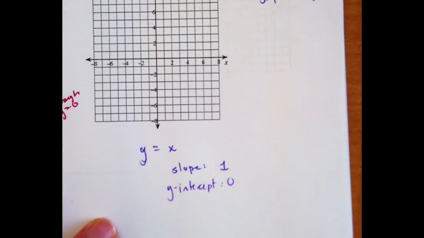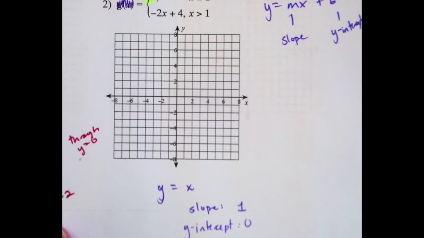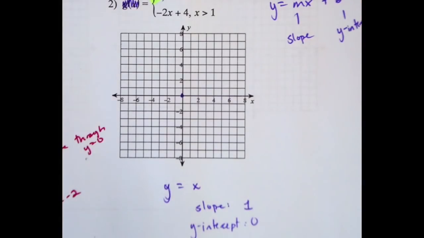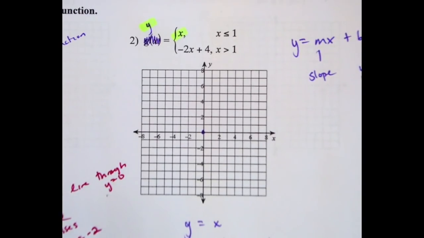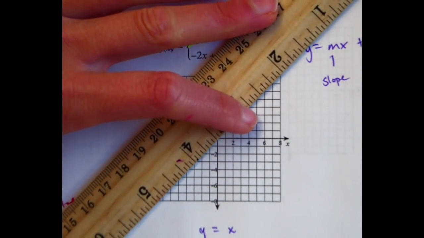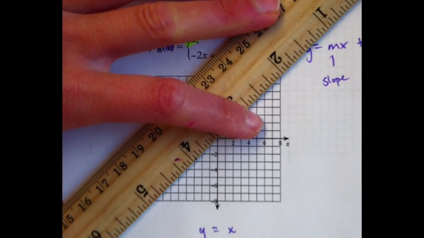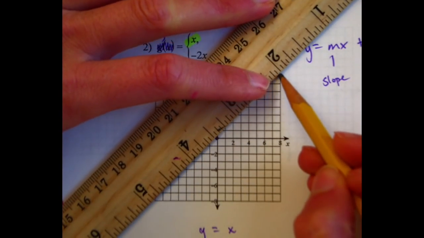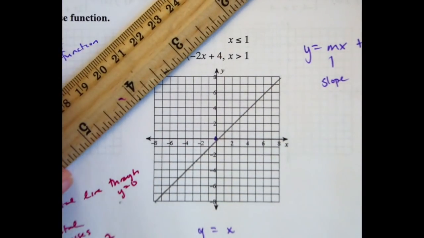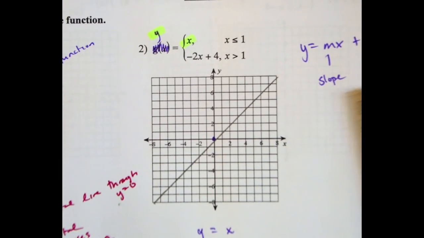So I'm going to draw a linear function that goes through the point (0, 0). The y-intercept is 0 and it has a slope of 1. I'm going to do this with my pencil because I'm going to end up erasing part of it, since it's a piecewise function. It'll look something like that.